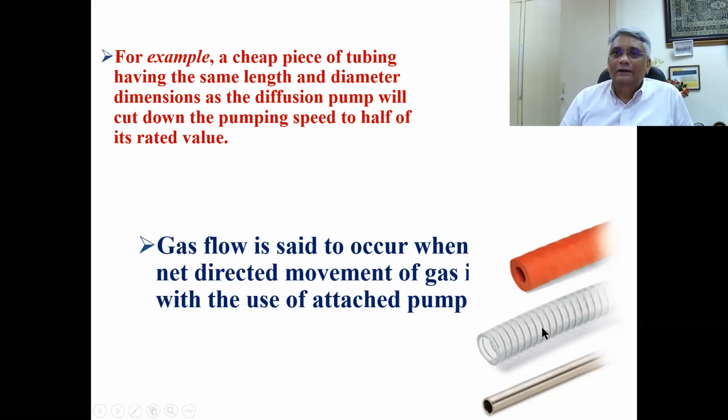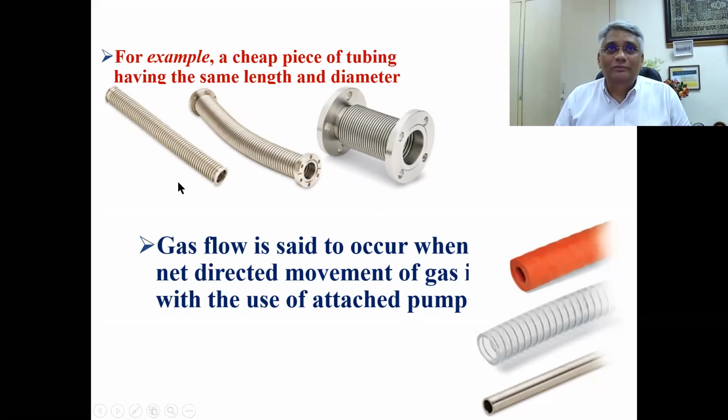Most modern-day gas flow units are connected via these gas tubes and metal tubes and metal bellows. Much more effective, of course, more expensive. These are called metal bellows, high quality metal bellows.